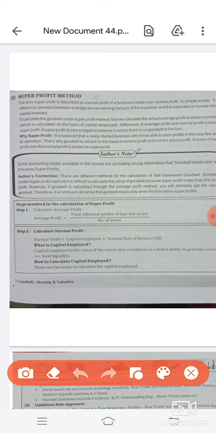This is a very important method. Super profit is nothing but excess profit of the business made over the normal profit. So in this method we are going to study how to value the amount of goodwill.